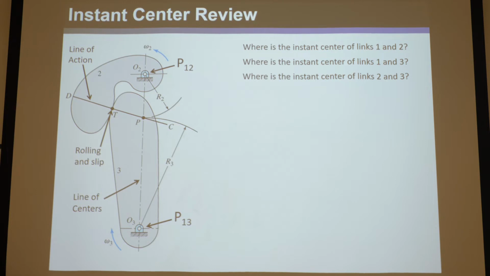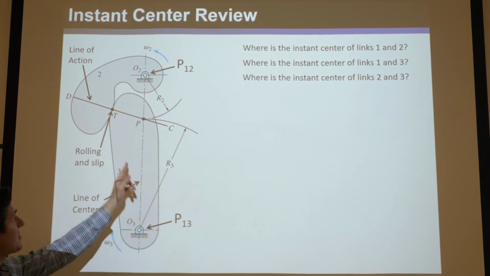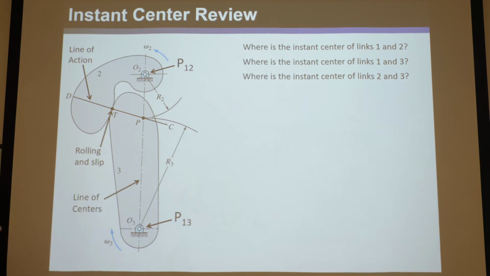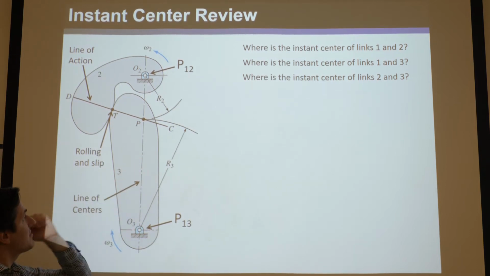If you recall, it says if you have any 3 bodies you're comparing, which is exactly how many we are comparing here, the instant centers of all 3 pairs of bodies lie along a common line, which is called the line of centers because it connects the 2 centers, the pin joints of these 2 rotating bodies, which are arbitrarily shaped gears, say. So P23 lies somewhere on this dashed line, the line of centers.